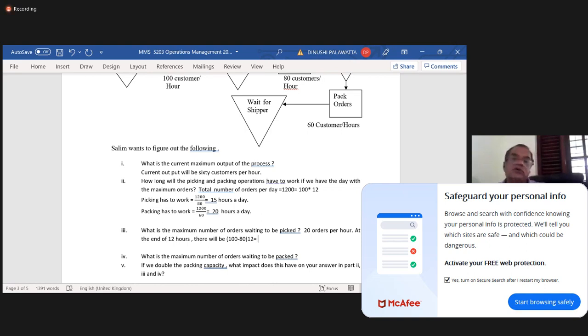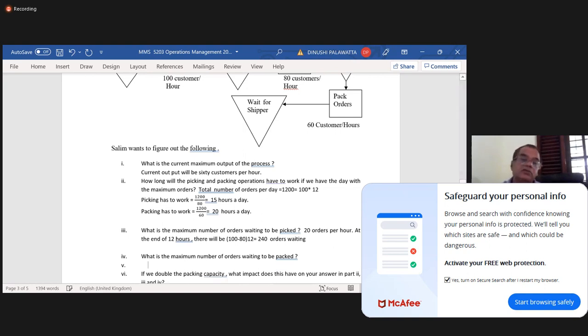That means 240 orders left. And that is the maximum number of orders waiting to be packed.